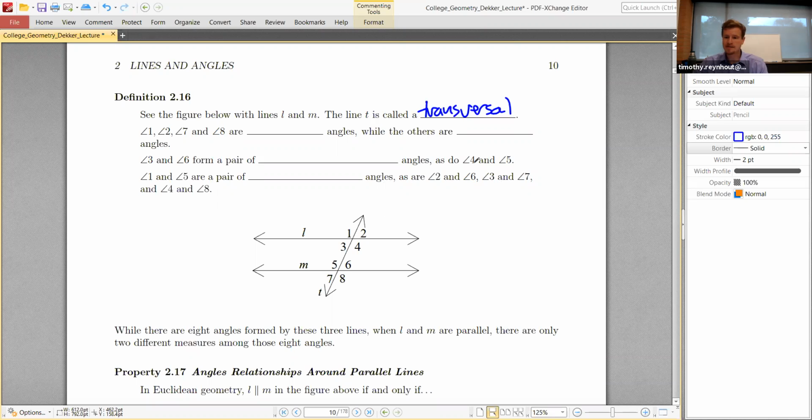Excellent. And then we have names for many of these angles as well. Angles 1, 2, 7, and 8 are exterior angles, while the others are interior angles.